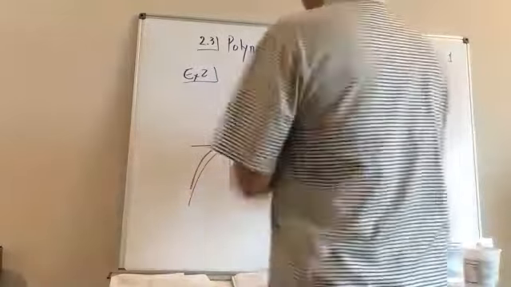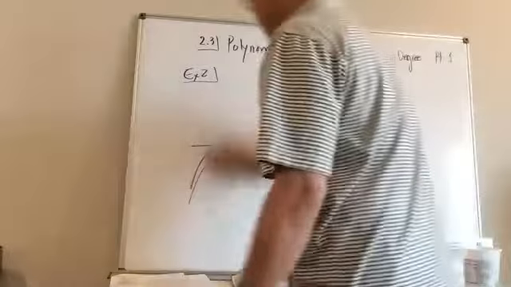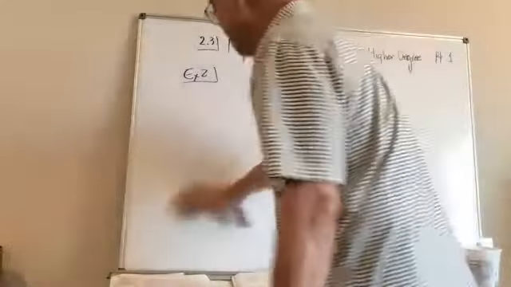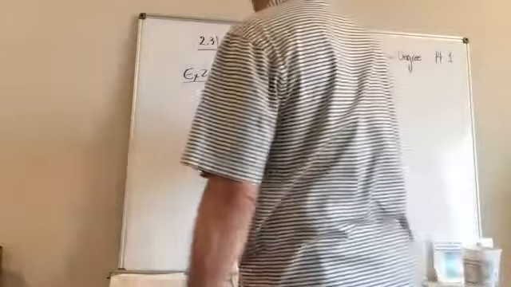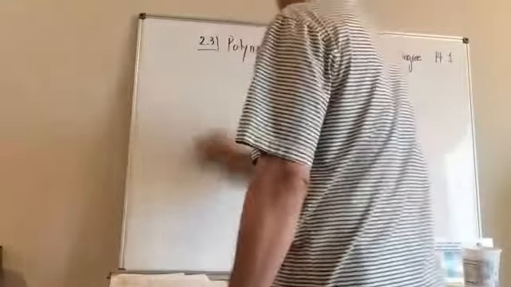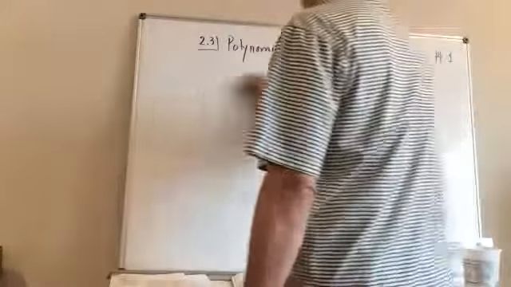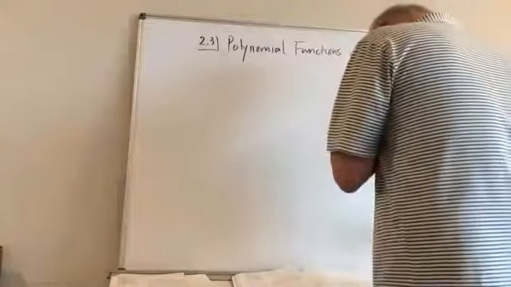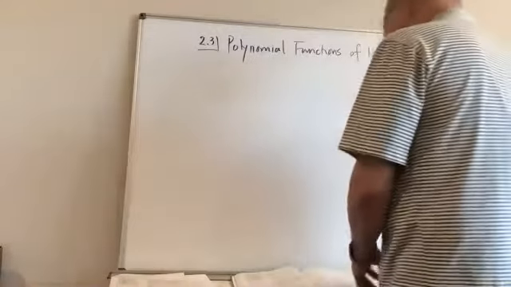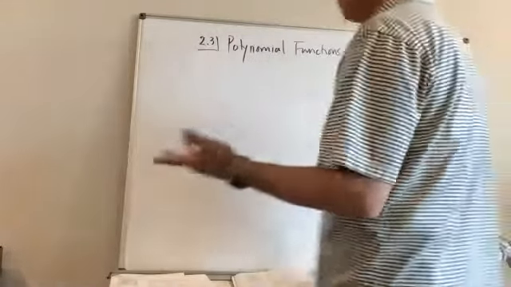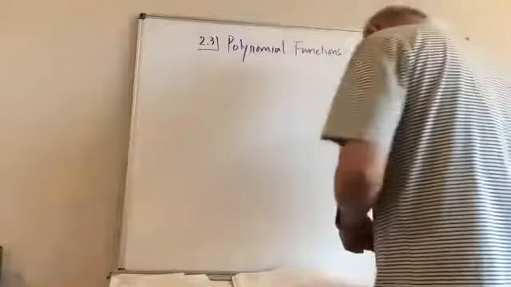Also, as we just showed you, there were 2 local extrema for an x cubed function. So there was n minus 1 amount of local extremas that you can have, which makes sense, okay? Now, let's move on to end behavior.